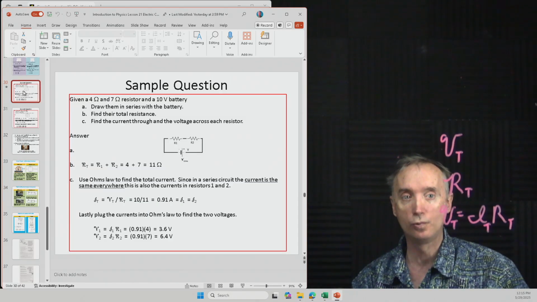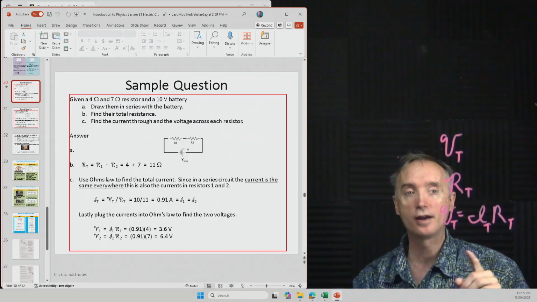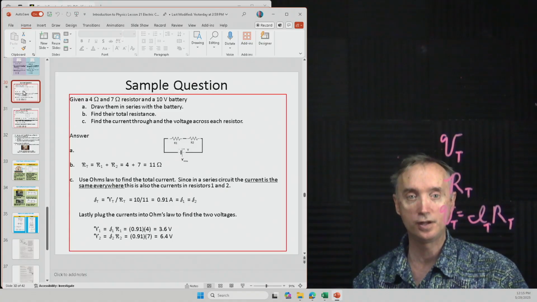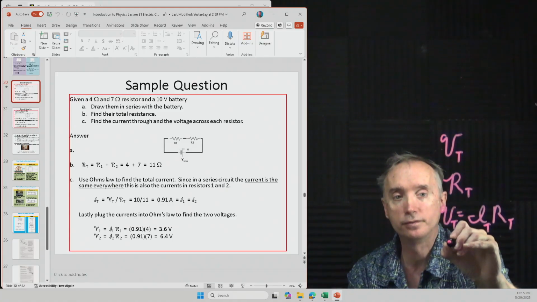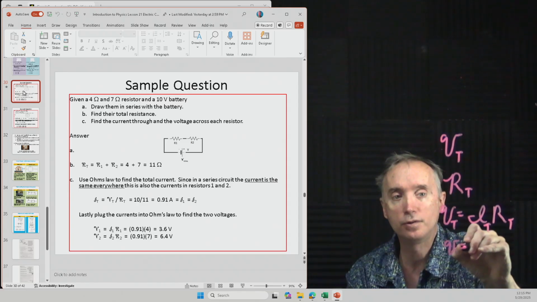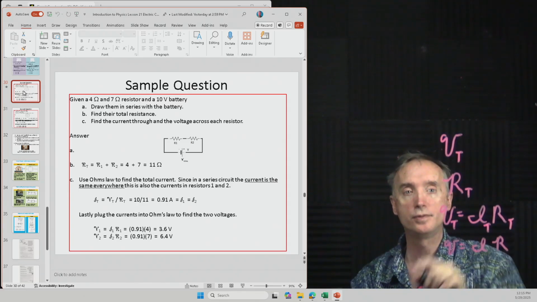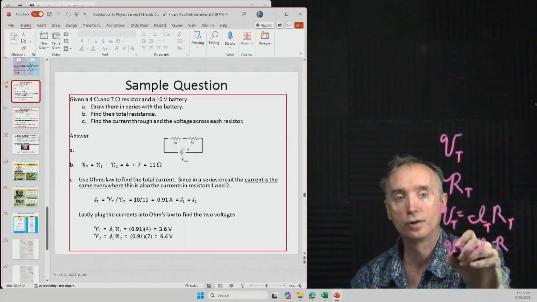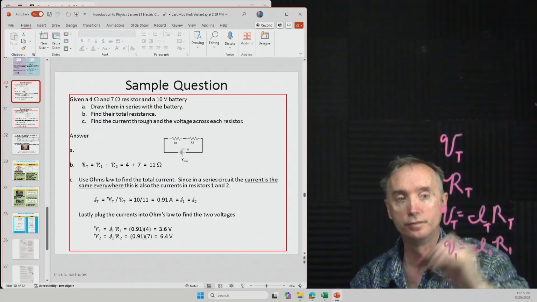And so here's a worked out example of how to do one of these problems. Now, once you've got the current, you can figure out the voltages too, because we're going to write V equals IR, but this time instead of the letter T, we're going to put 1, 1, and then 1.